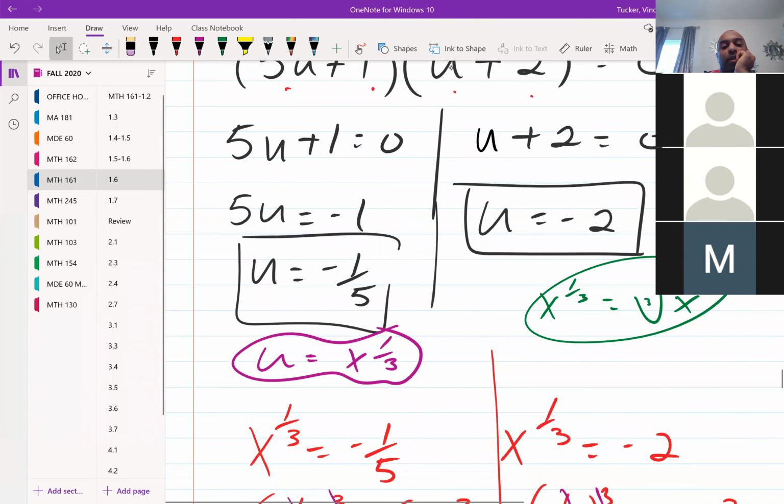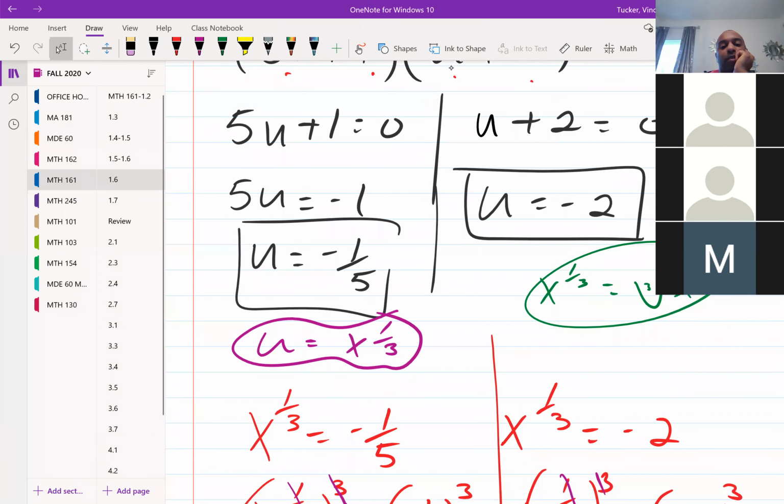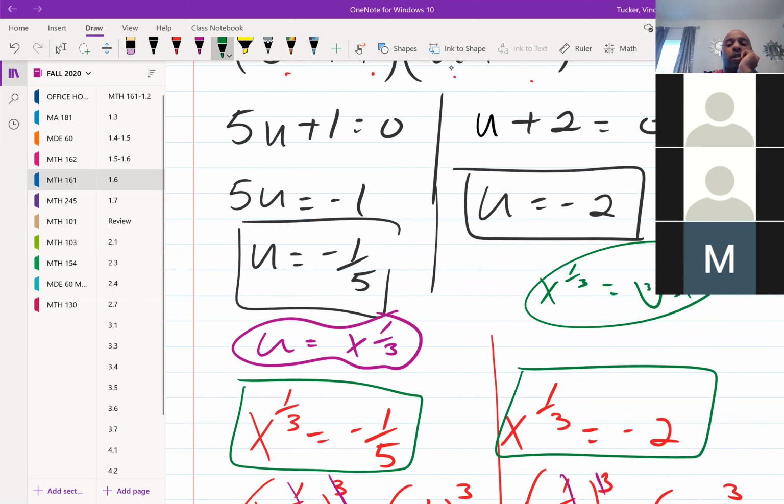So if you put x to the 1/3 back in for u, that's x to the 1/3 equal to negative 1/5, and x to the 1/3 equal to negative 2. I was just reminding you that x to the 1/3 is the same thing as the cube root of x.